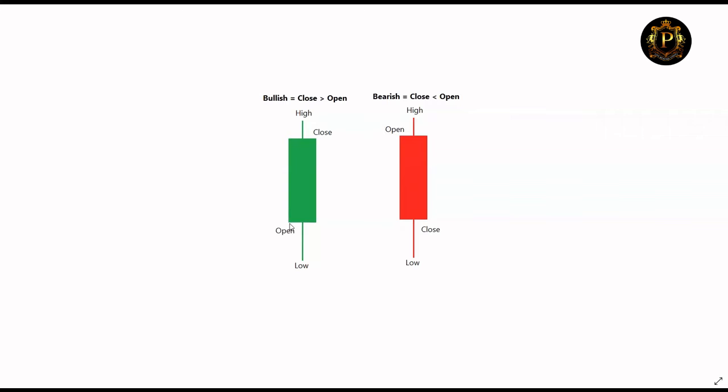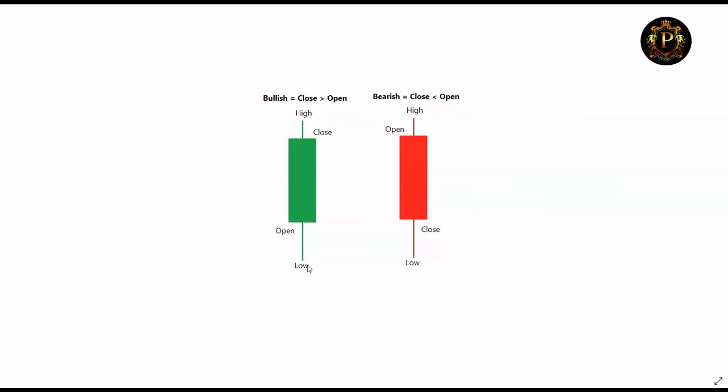The market rallied and went as high as this, which was the highest point the market got to on that trading day. And the market also fell down here, which was the lowest point the market got to on this particular day.